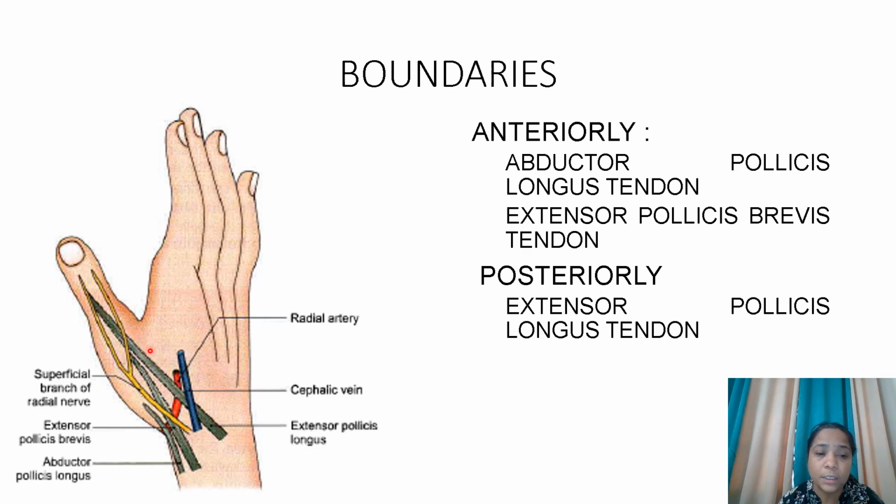You can see here, this is the extensor pollicis longus tendon. Anteriorly you will find two tendons: the tendon of the extensor pollicis brevis and the tendon of the abductor pollicis longus. The triangular area between these tendons is known as anatomical snuff box.